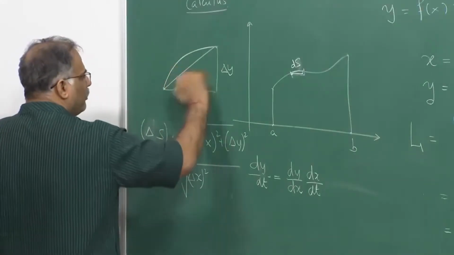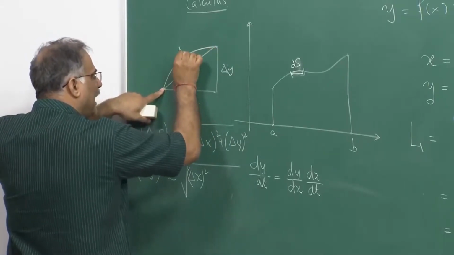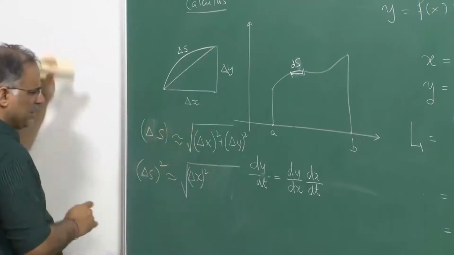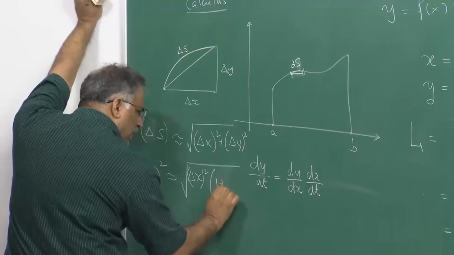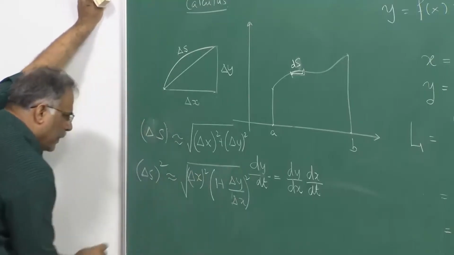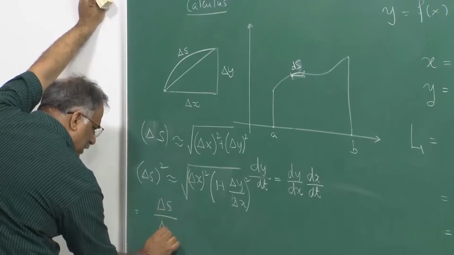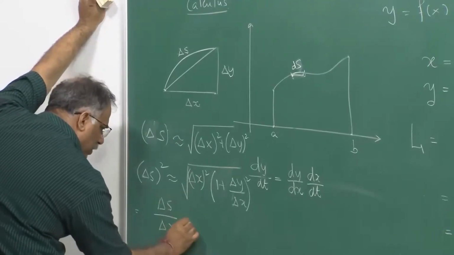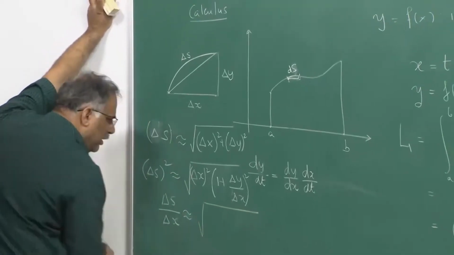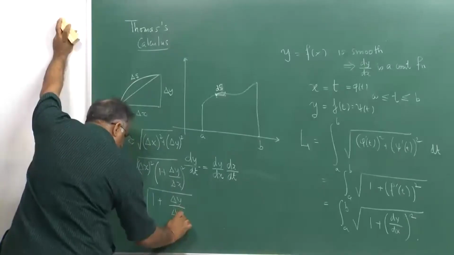So, what you are actually doing is approximating del s by this hypotenuse. So, del s is approximately root over del x square into 1 plus del y by del x whole square. So, you bring del x out, and del s by del x is approximately root over 1 plus del y by del x whole square.